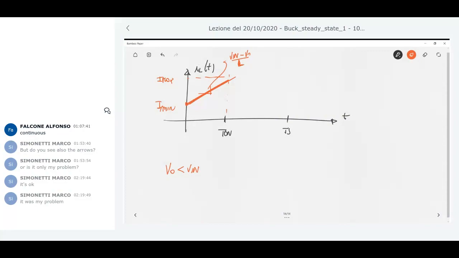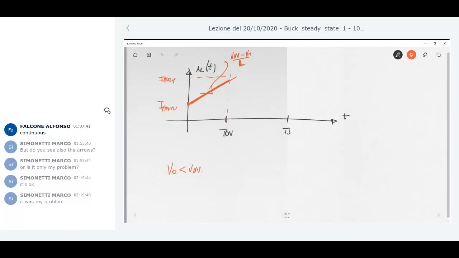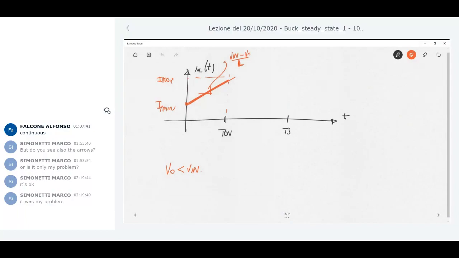Now the voltage across the inductor is minus VO, okay, so it is negative. So it means that I have a negative slope. The slope is minus V naught over L. Okay, negative V naught over L.